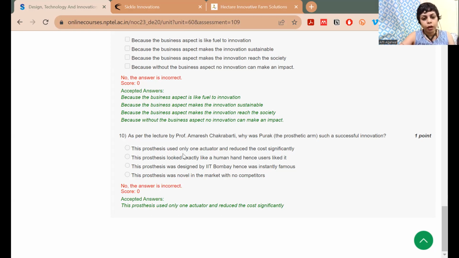So you can actually find the correct answer even just by process of elimination. Second is not true, third is not true, fourth is not true, so the first must be true.